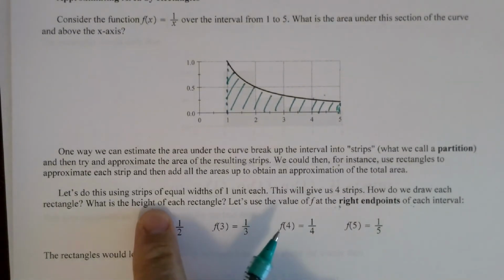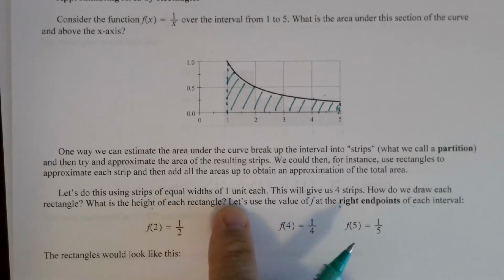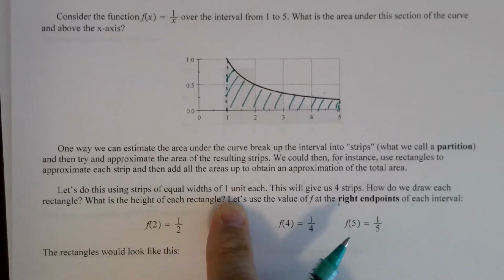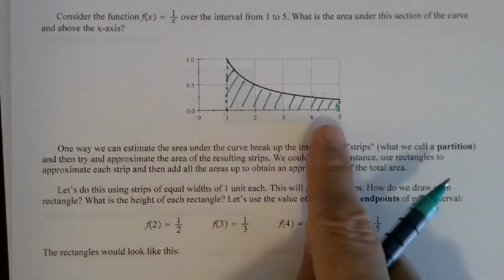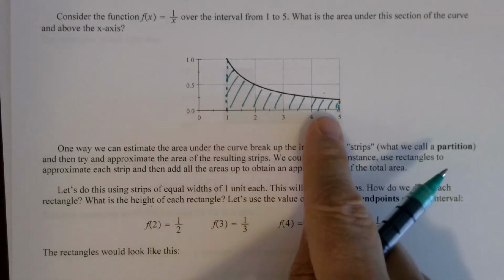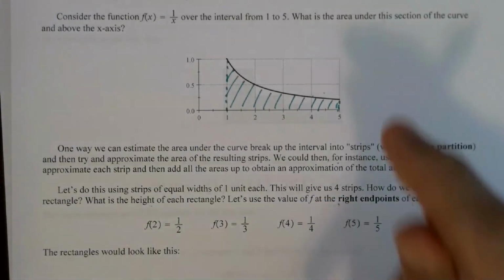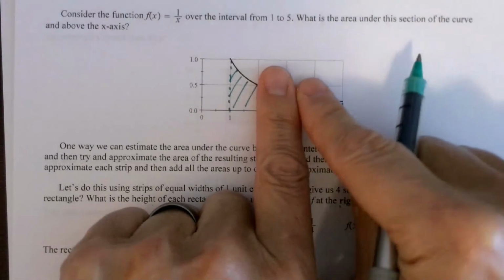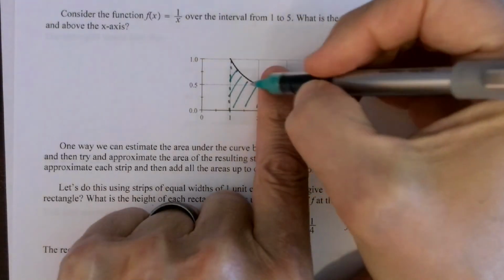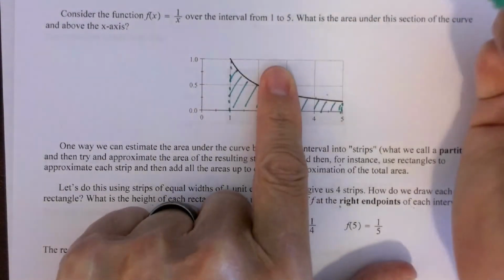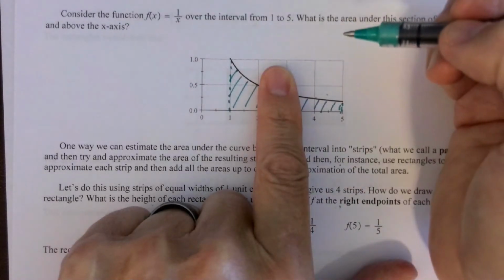Suppose I do strips of equal widths of 1 unit each. Right? In this case, going from 1 to 5, that'll give me what, 1, 2, 3, 4 strips or subintervals. Now, how do we draw each rectangle that approximates the area? So going from 1 to 2, I'm going to try and approximate this area here with a rectangle. Obviously, it's not going to be the exact area.